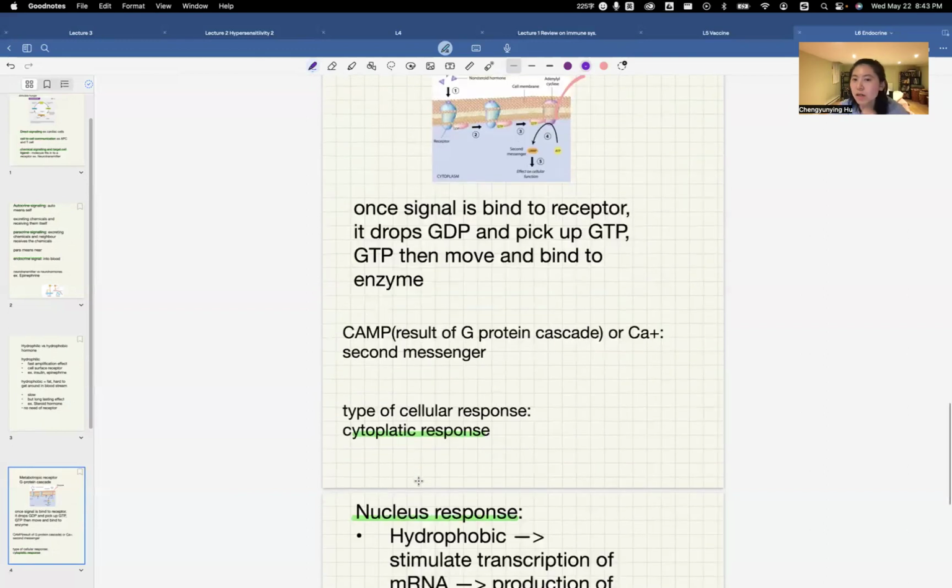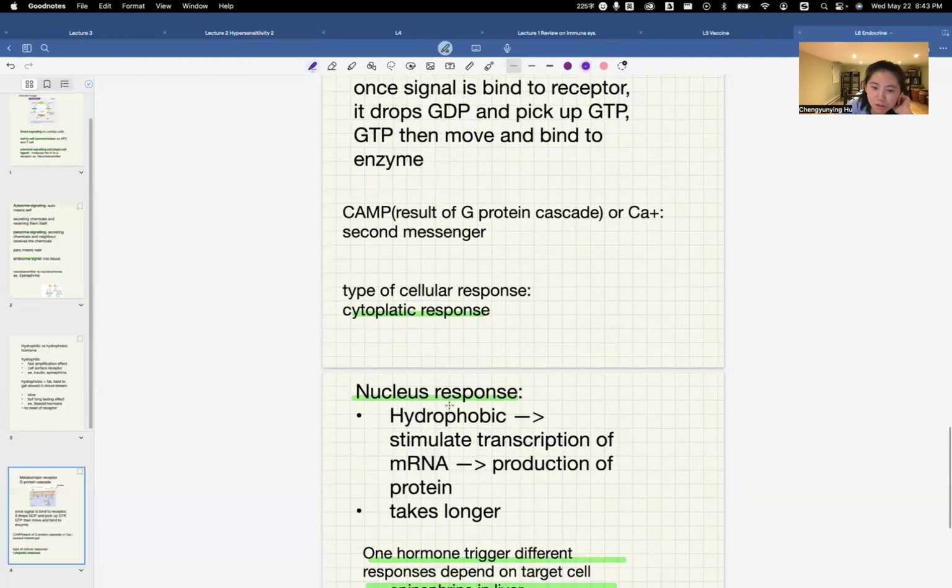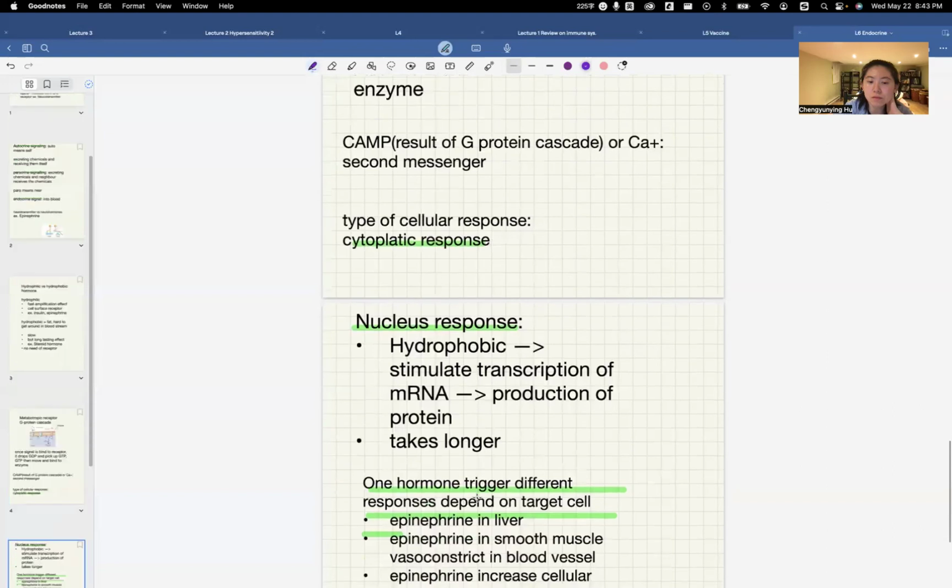Depending on where it goes, if the effect takes place only in the cytoplasm, it's called a cytoplasmic response. If the cascade goes into the nucleus, it's called a nucleus response. Usually, a nucleus response is produced by hydrophobic, the fat hormone, which will change the DNA and then produce protein.